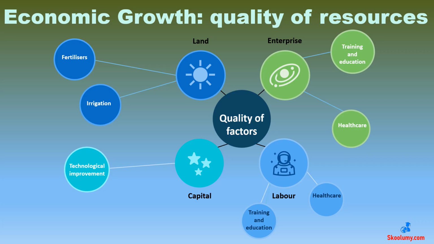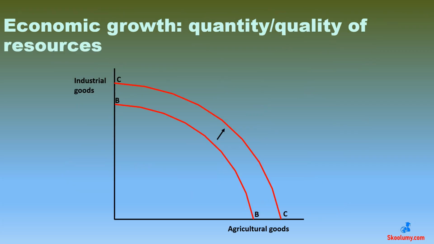Technological advancement will create more efficient machines, thereby increasing output. Training and education, and healthcare are some of the factors that can improve the skills and productivity of labor and enterprise. Increase in the quantity and quality of resources will cause a rightward shift in the PPC.